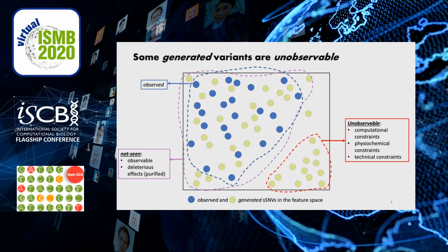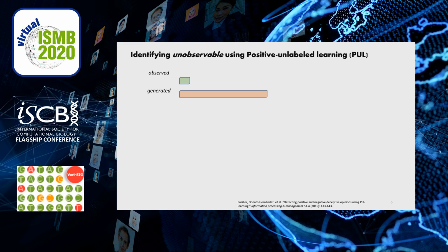The very first step for us is to separate the generated variants into the not seen and the unobservable. To do that, we use positive unlabeled learning. In our case, the positive data is the observed, and the unlabeled data is the generated. So basically, we sampled an equal amount of generated as the observed, and then use it to train a machine learning model.